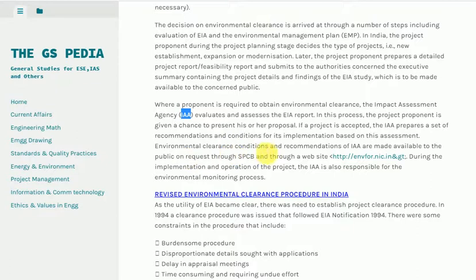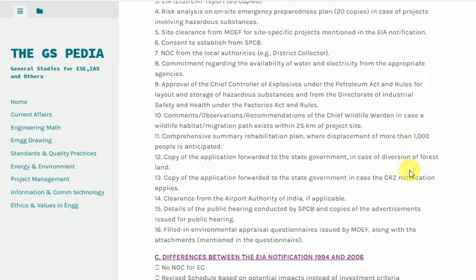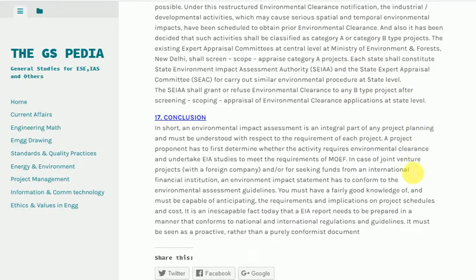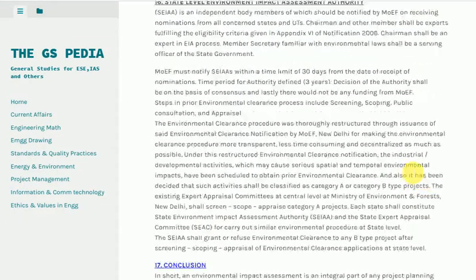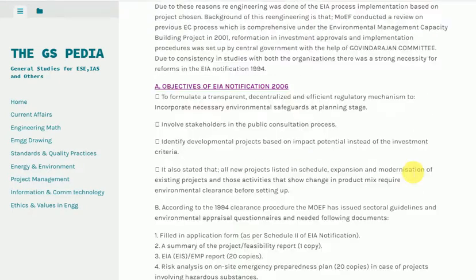Environmental clearance conditions and recommendations of ESE are made available to the public on request through SPCB and through a website, http://info.nic.in.